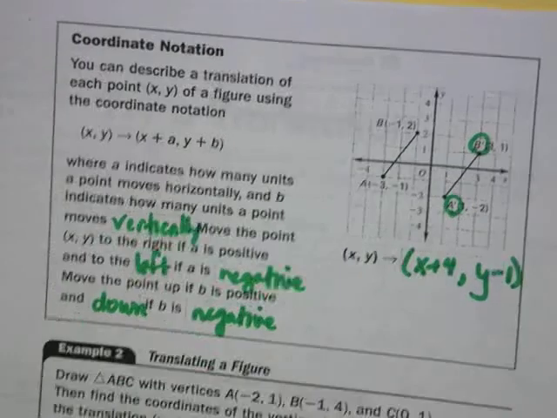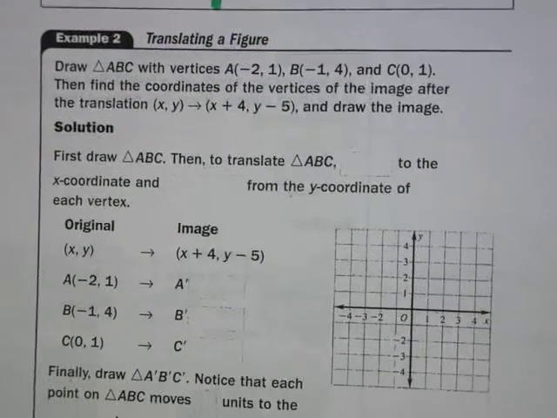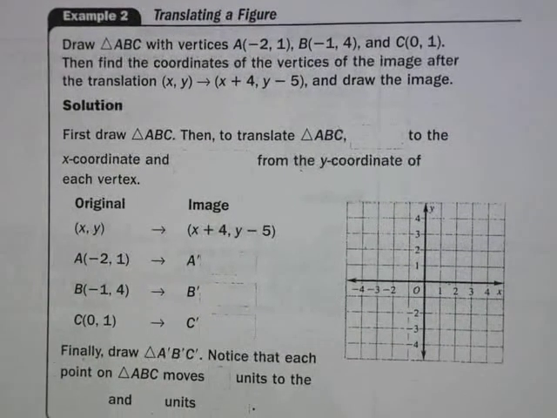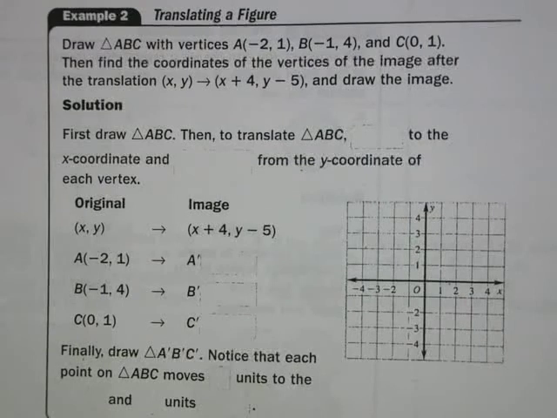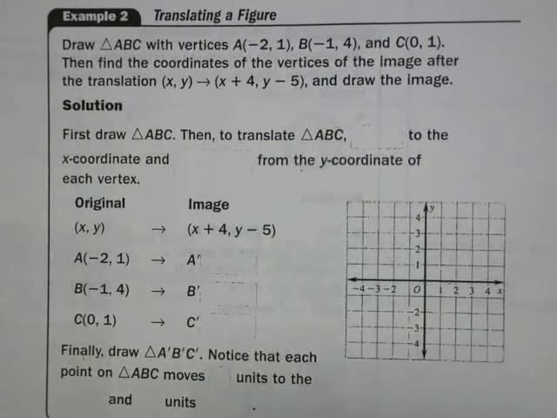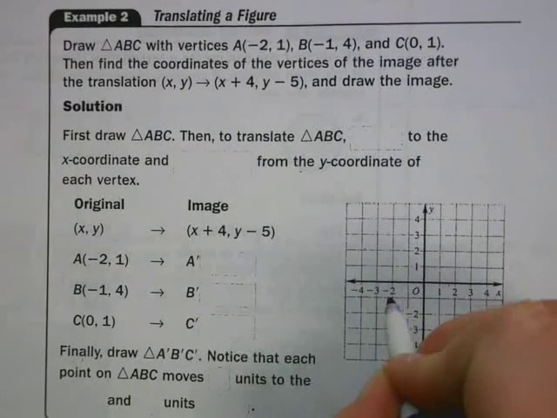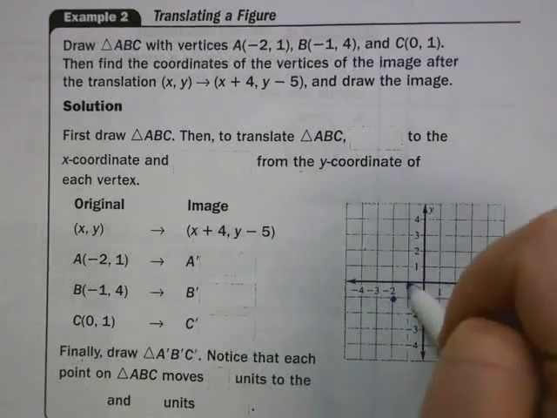So you're going to need some colors for this next example because we're going to have a triangle and then an image of that triangle. So I'm going to start off with a certain color, and let's read the directions. It says, draw a triangle ABC with the vertices, and it tells you where point A, B, and C are. So go ahead and draw those in.